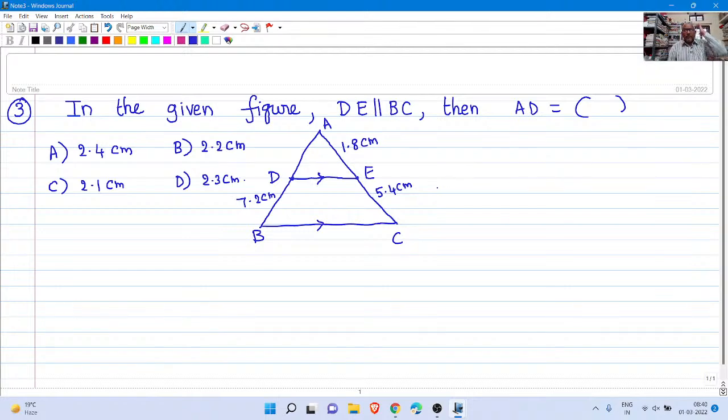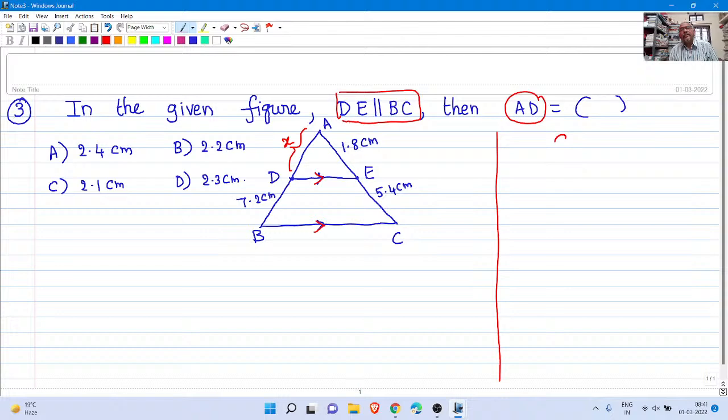Okay. So first let me read the question carefully. In the given figure, DE is parallel to BC, this is a concept. Then AD we need to find out. Say AD is equal to x, then x we need to find out. So what is the concept we need to use? Here, very interesting.